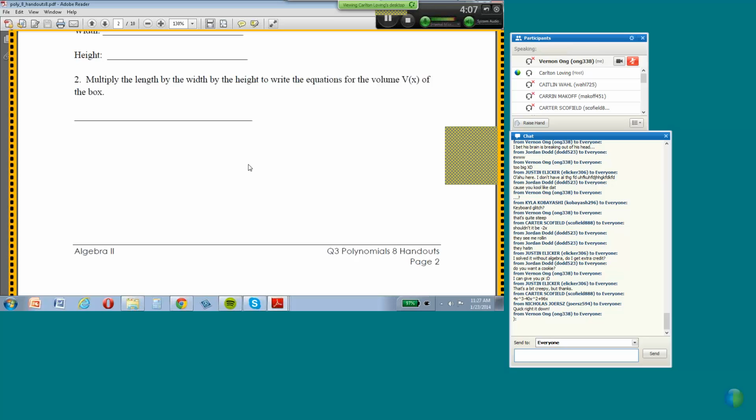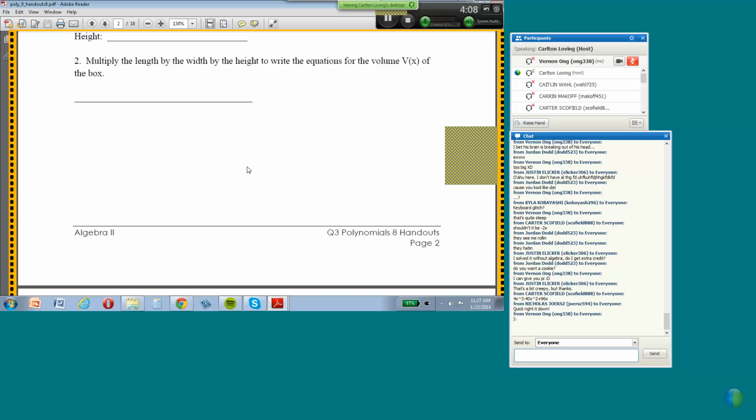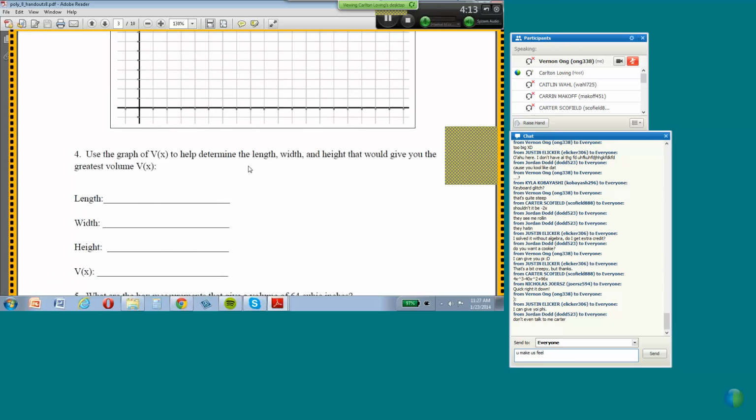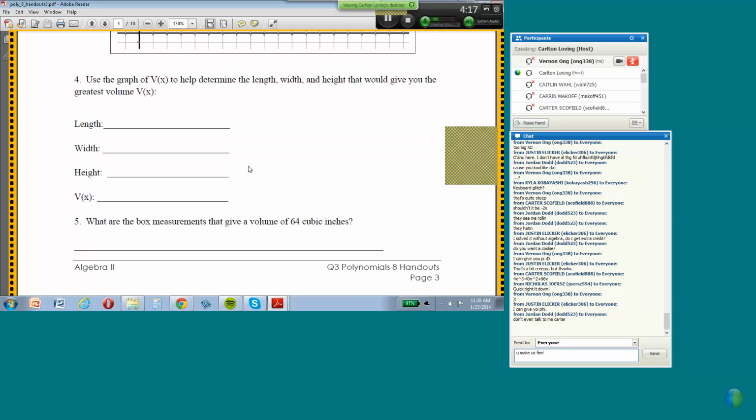And it says down here, use the graph to help determine what length, width, and height would give you the greatest volume. Now, how do we find the greatest volume? What are we looking for?